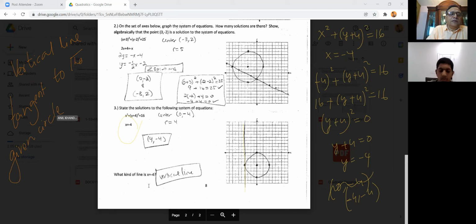It is tangent at x is minus 4 and y is also minus 4. So that is how you are going to write down the answer. It is definitely a vertical line, but it's also tangent to the circle, right?